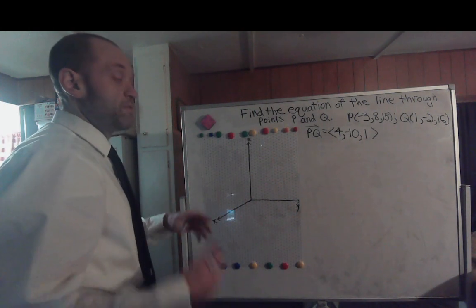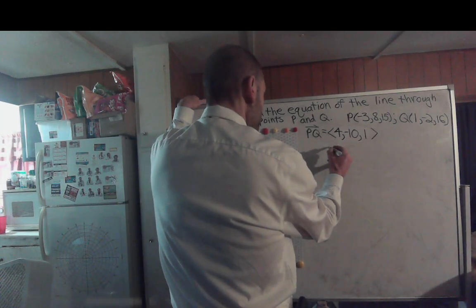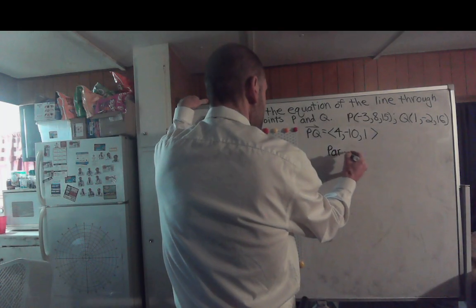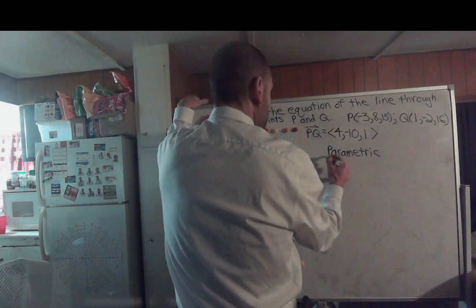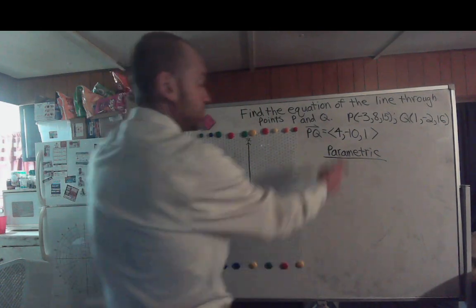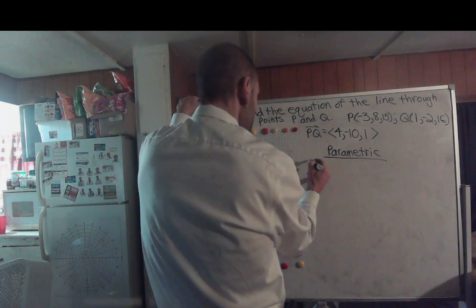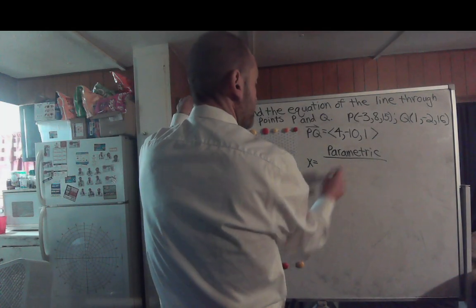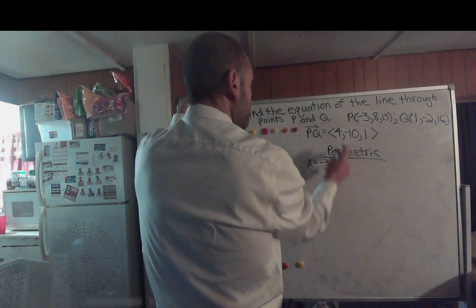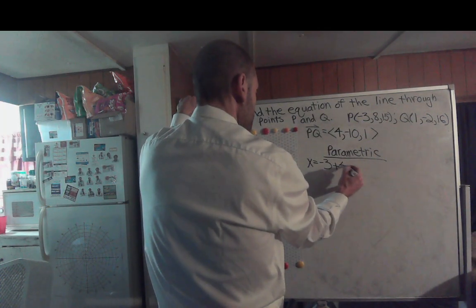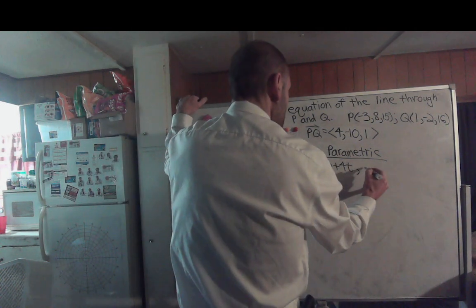So now we can find parametric equations. Let's just stick with point P. I personally like to use point P. But again, it's your preference. You can use point Q and still get a correct answer, so long as your direction numbers are the same in the equations. So x would equal, from point P, I'll take the x coordinate of negative 3 plus 4 times t. So negative 3 plus 4t, that's what x would equal.